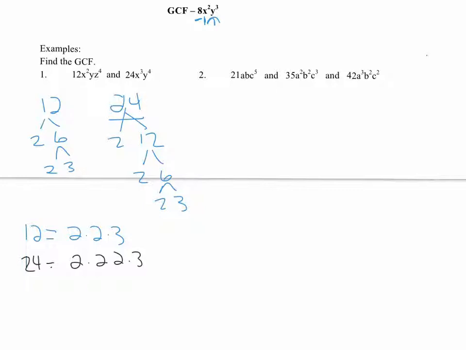And now what do they have in common? Well, we have 2's, we have 2's, and we have 3's. So for our GCF, we're going to take 2 times 2 times 3.